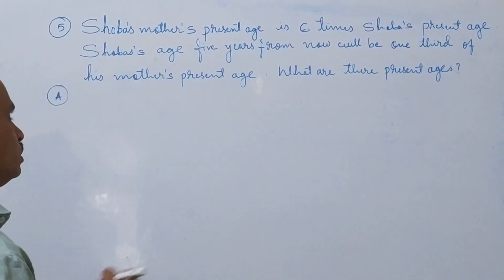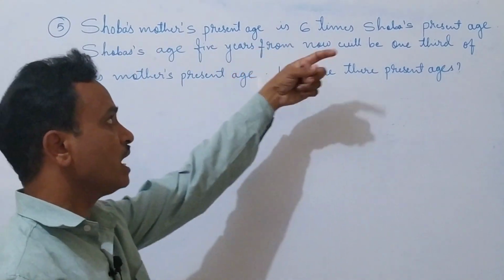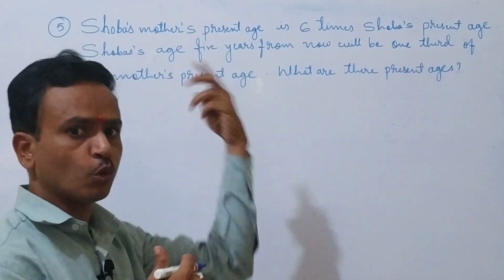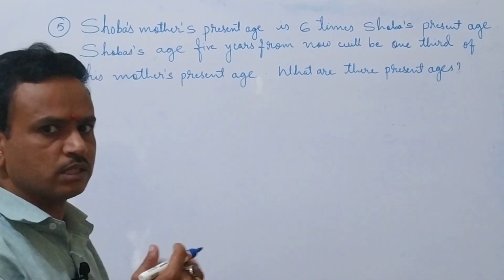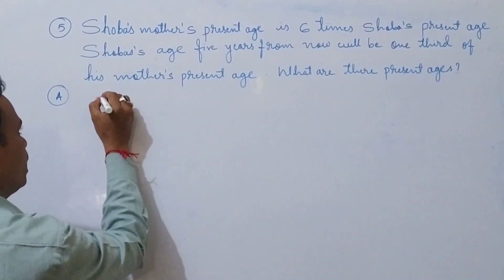Shobha's mother's present age is 6 times Shobha's present age. Shobha's age is not mentioned here, so we should take Shobha's present age.